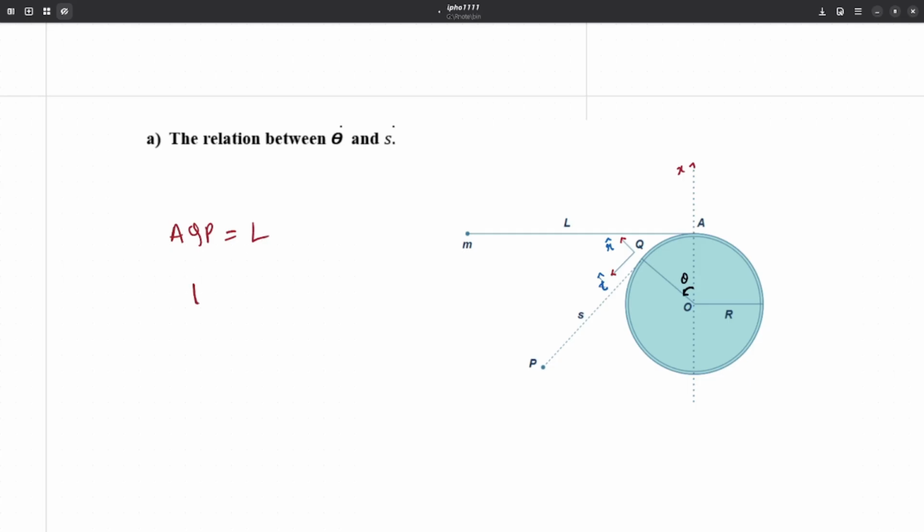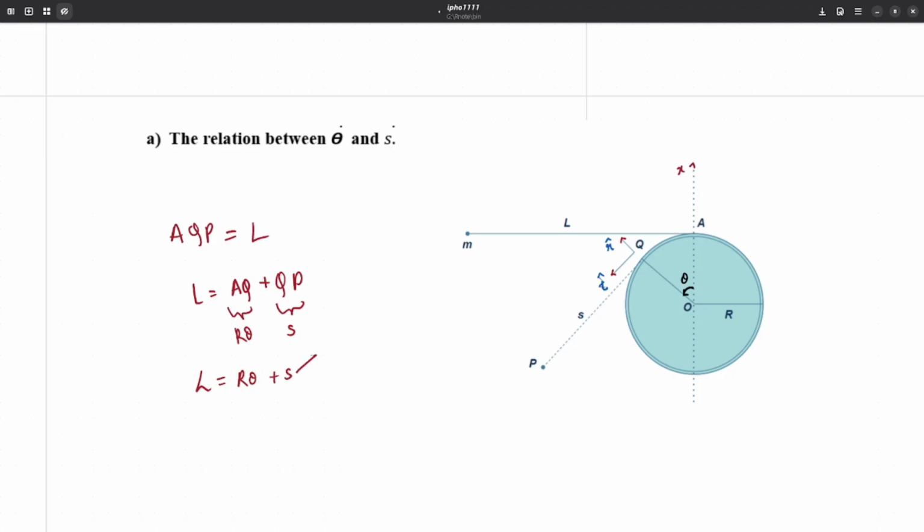So L is equal to AQ plus QP, where AQ is r theta and QP is s. So we can write L to be equal to r theta plus s.